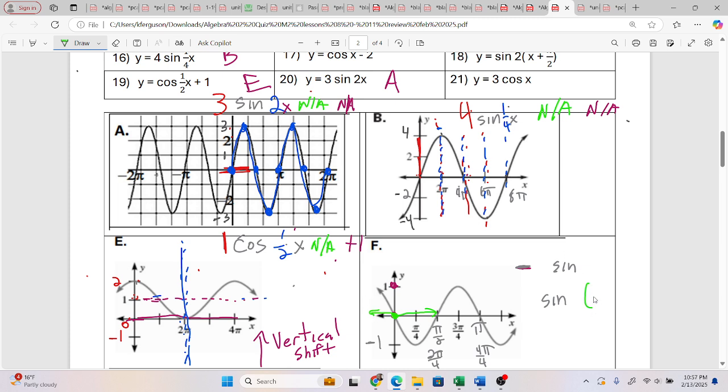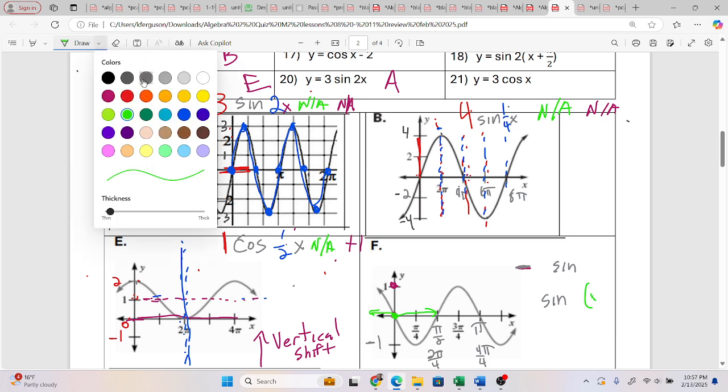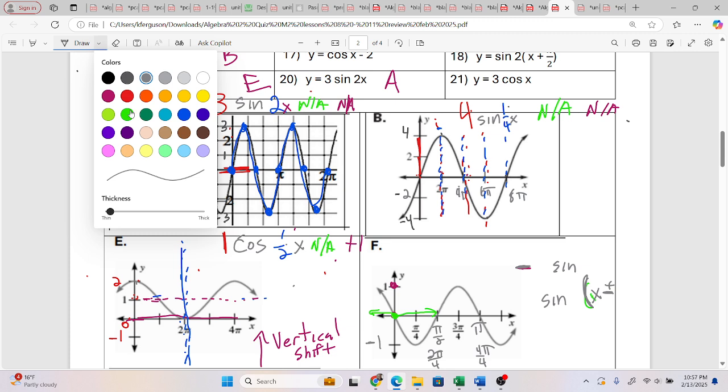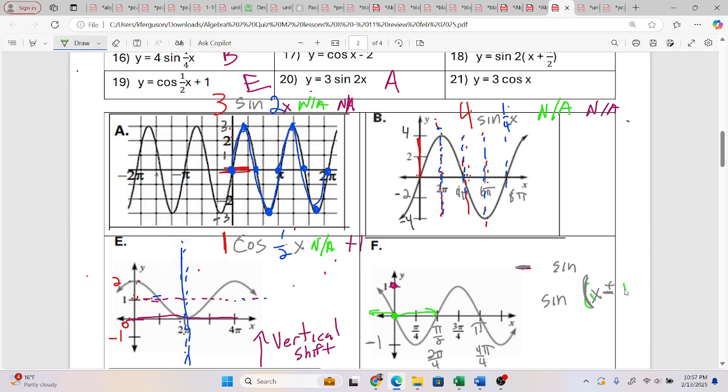So that would be x minus or plus, because we're not sure yet, pi over 2.